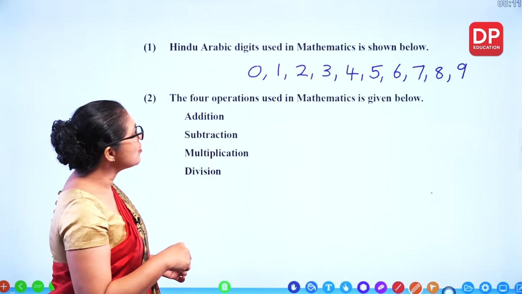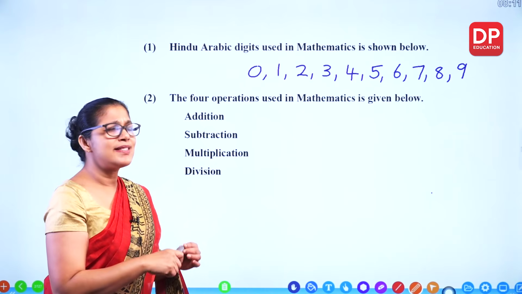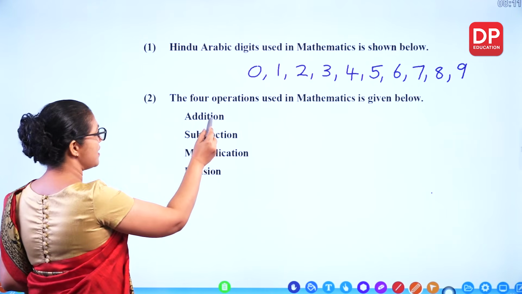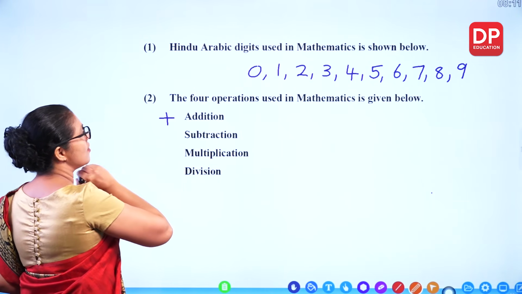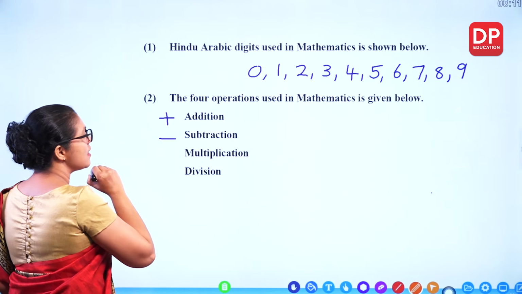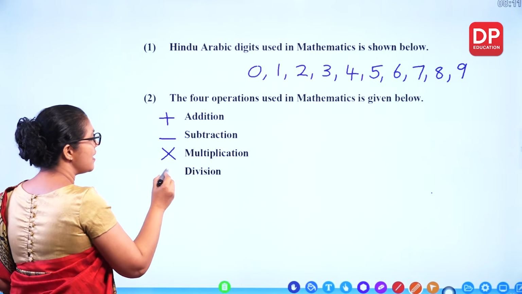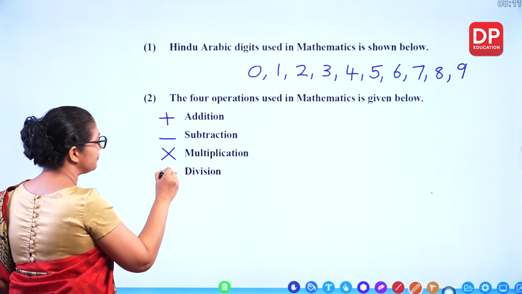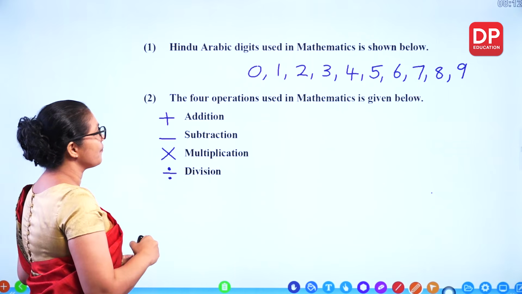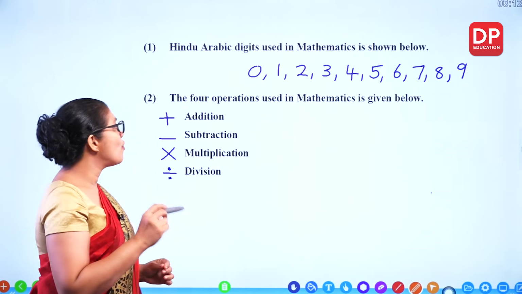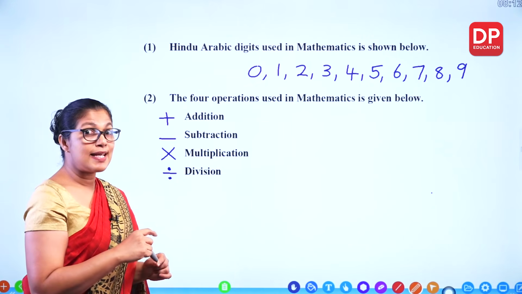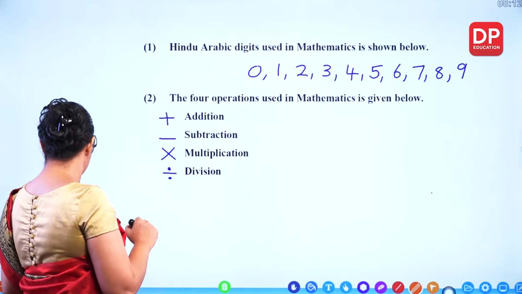The 4 operations used in mathematics, what are the basic operations? Addition, subtraction, multiplication and division. So we look at all 4 operations in this lesson with whole numbers.